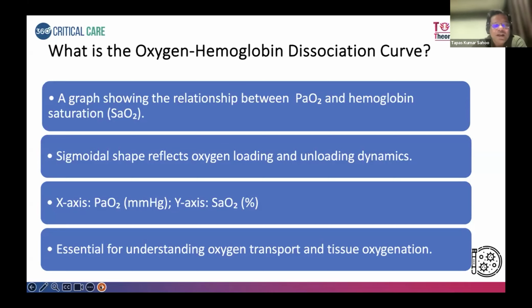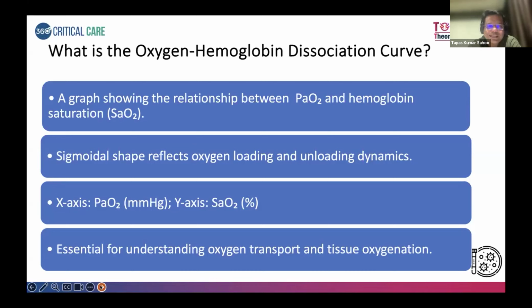In this graph, there are two axes, x-axis and y-axis. I will be showing you the picture also, the graph also. The x-axis has PaO2 in millimeters of mercury, and the y-axis has hemoglobin saturation, SaO2, in percentage. Now, why do we want to learn about the oxygen hemoglobin dissociation curve?